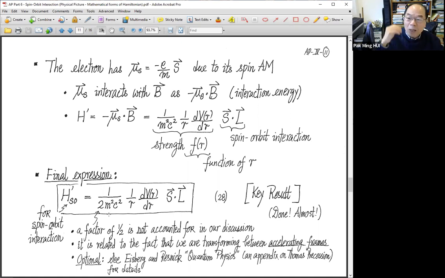What I want to convey is what are these factors here that determine the strength of the B field? So we will take equation 28 as the perturbation to move on. All right, so we get at the key result.